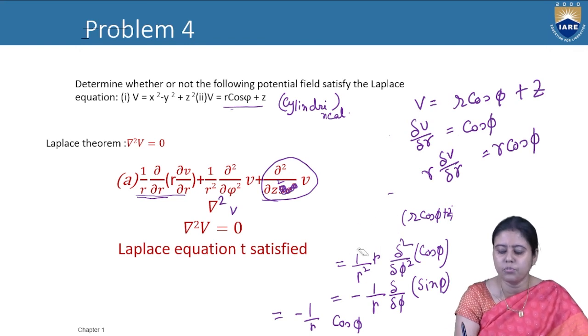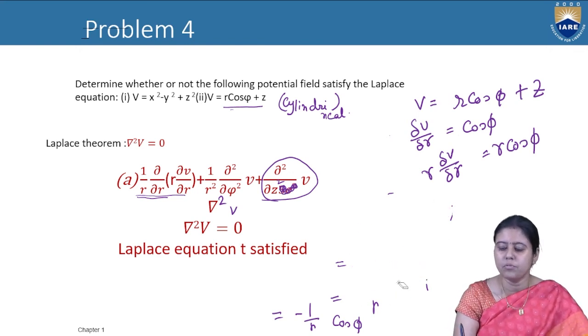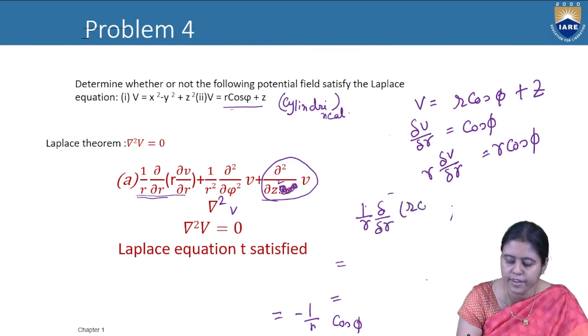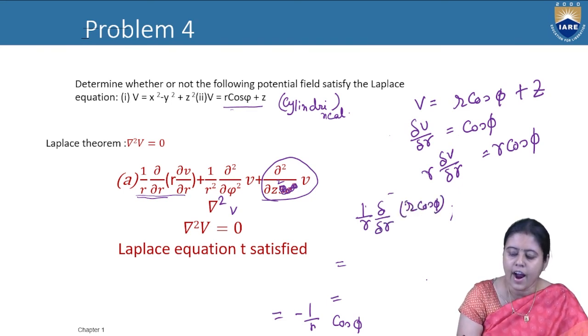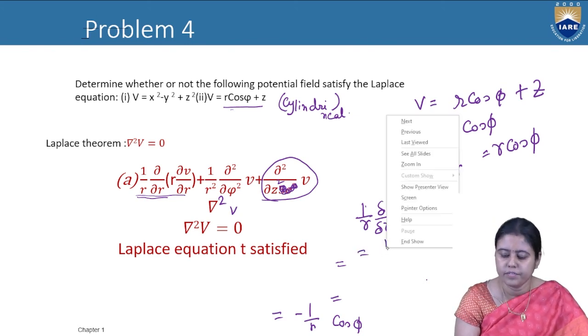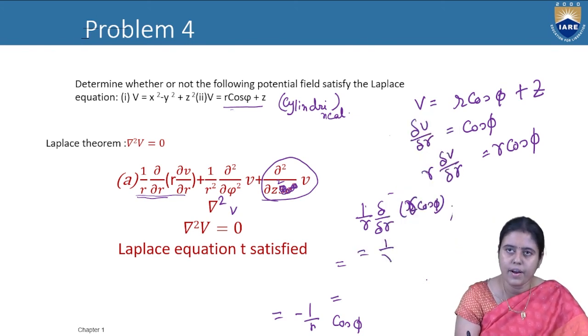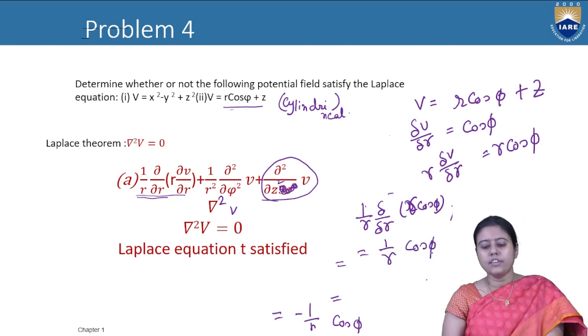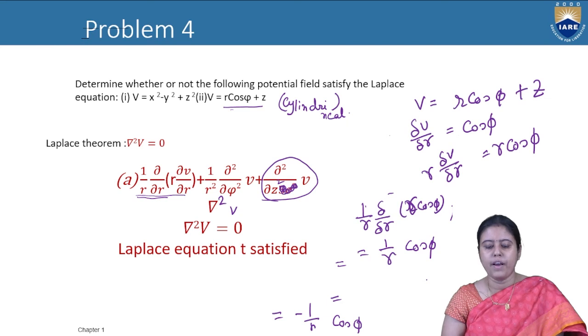What is the result we will get? If we calculate again, 1 by r del by del r of r cos phi, again r and r will be 1. So 1 by r cos phi. So we got 1 by r cos phi here.